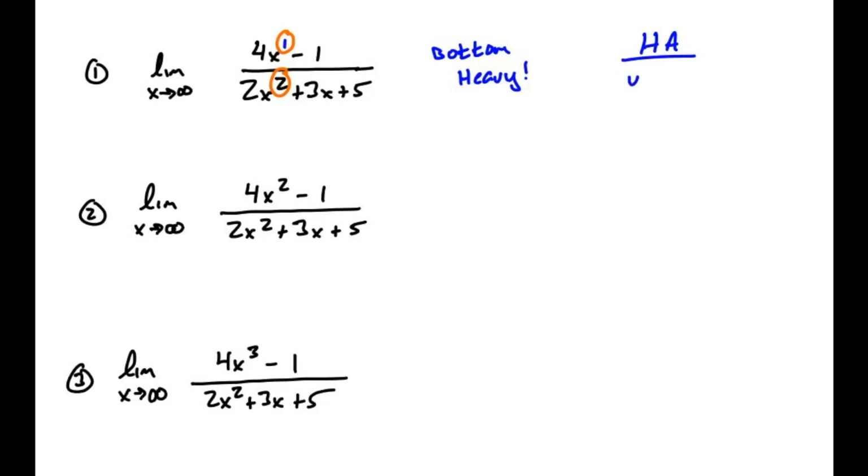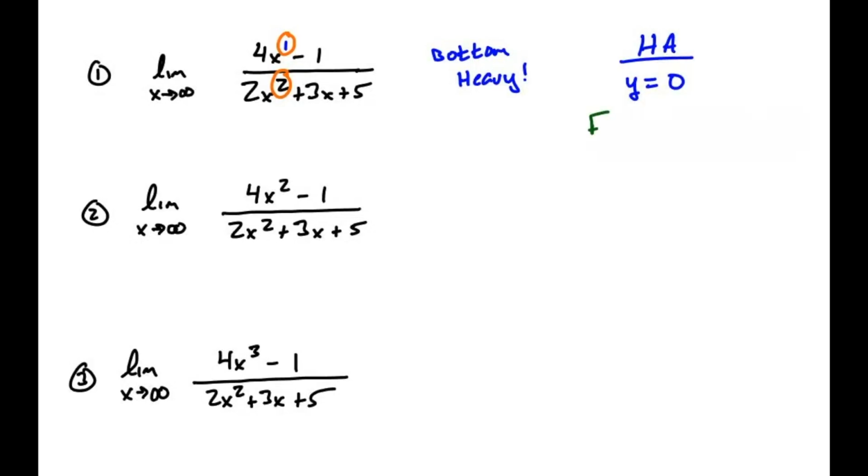And when you have a fraction where the denominator is bigger than the numerator, that fraction is going to get smaller and smaller and approach a y value of 0. Hence, your horizontal asymptote will be 0. And the answer to this limit question, every time you have a bottom-heavy function, it will always be 0.